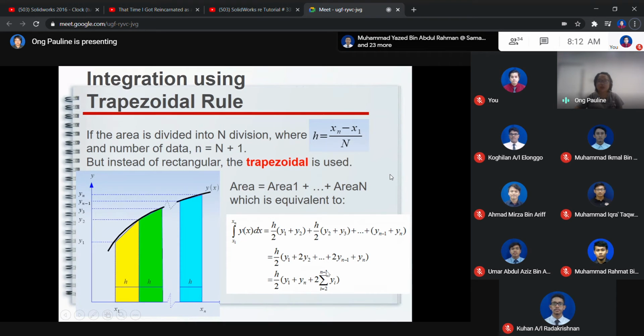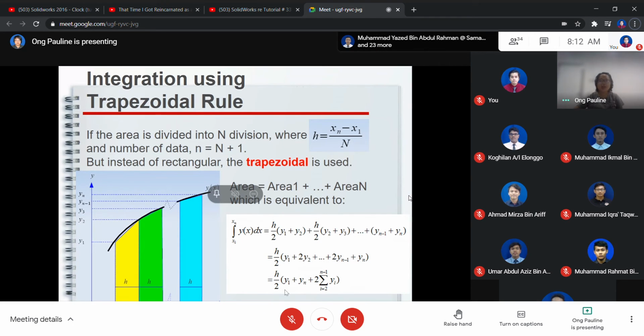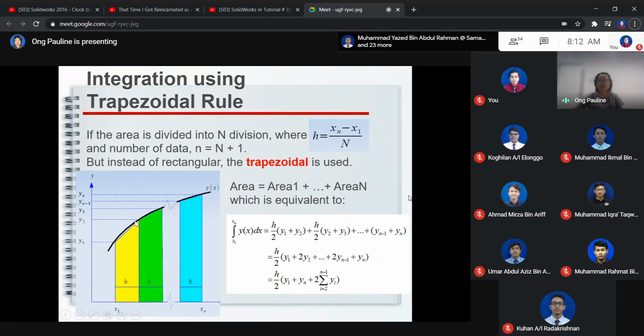Developed the equation of the trapezoidal rule here in order for us to approximate the region here. Okay, dan saya telah tunjukkan simulation dengan menggunakan MATLAB di mana anda akan lihat semakin banyak rectangles ataupun trapeziums yang kita guna, dia punya approximation itu lebih tepat jawapan dia.